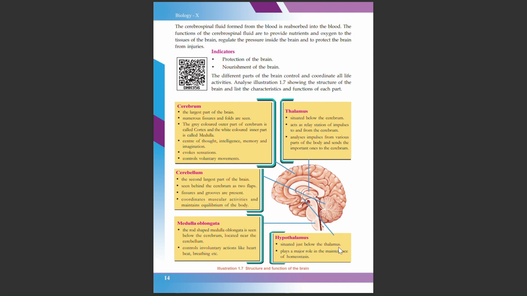It is situated just below the thalamus and plays a major role in the maintenance of homeostasis. Homeostasis means all the metabolism taking place in the body. It plays an important role because hypothalamus produces various kinds of hormones. That's how it maintains homeostasis.